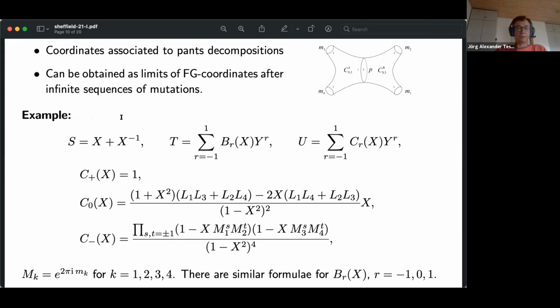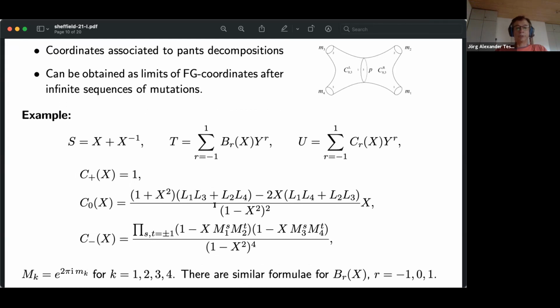So there's something simple for one of the trace functions, which is really extremely simple. The price to pay is the rest will be more complicated. So there will be rational functions of x appearing in a decomposition into powers of y in this parametrization.